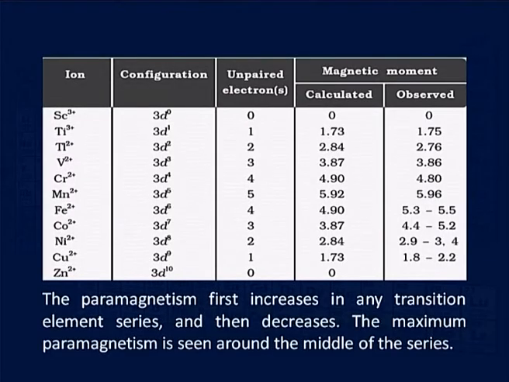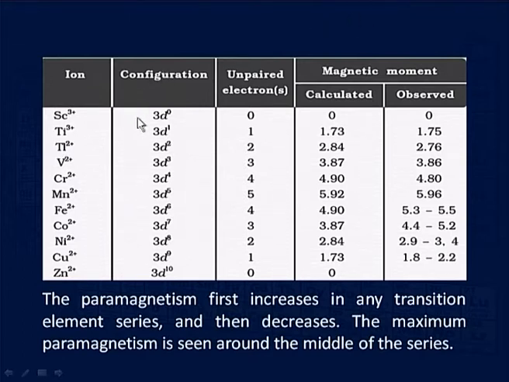This table shows the spin only magnetic moment values of the various ions of the first transition metal series. Starting with scandium in +3 oxidation state, as you are aware, its electronic configuration is 3d0 and therefore there is no unpaired electron, and therefore the magnetic moment will be 0, or in other words, scandium 3 plus and zinc 2 plus will be diamagnetic, having 0 magnetic moment.